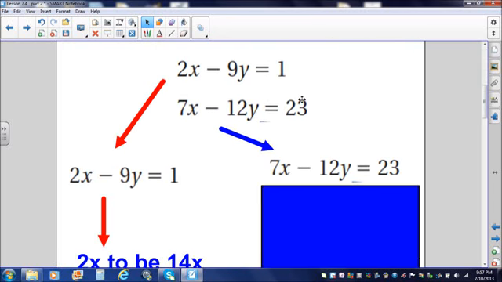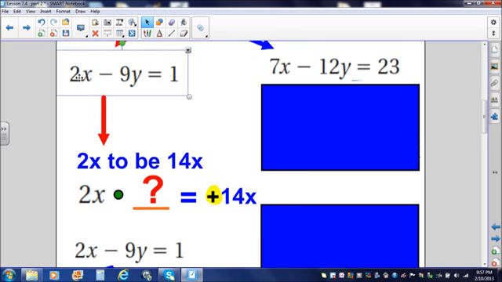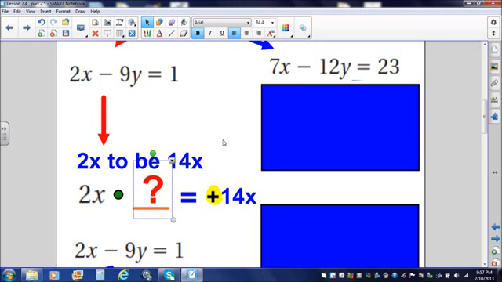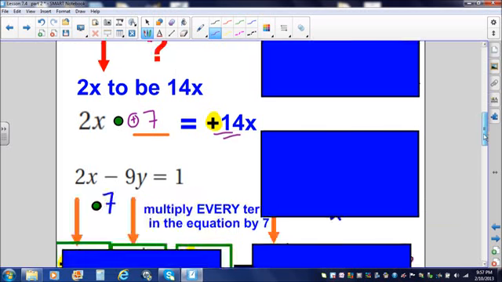So I'm going to take my system and split it into two separate equations. I want to change this 2x to be positive 14x. So ask yourself, 2x times what number equals a positive 14x? If I multiply it by a positive 7, 2 times 7 does give me positive 14x.